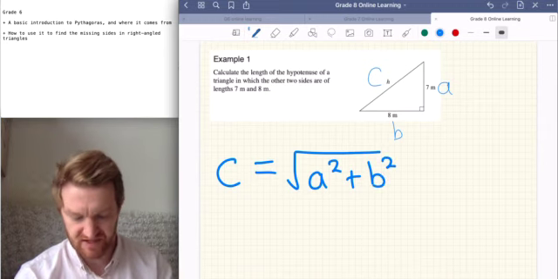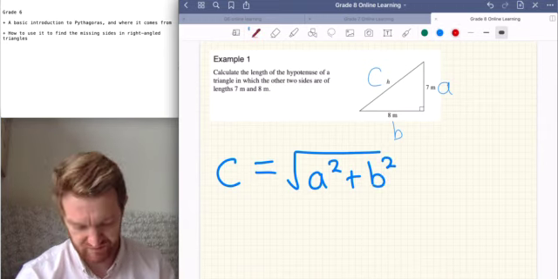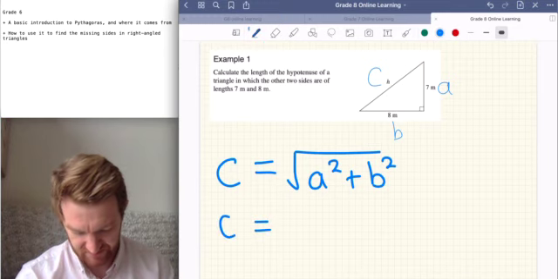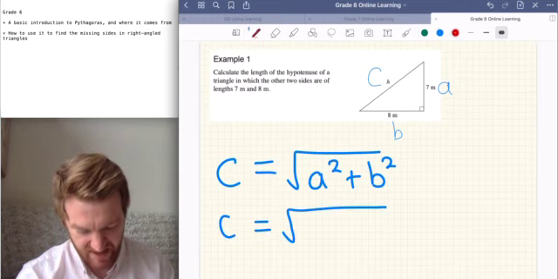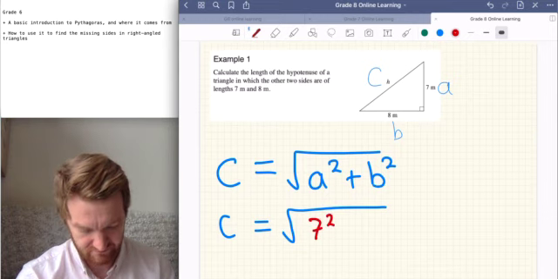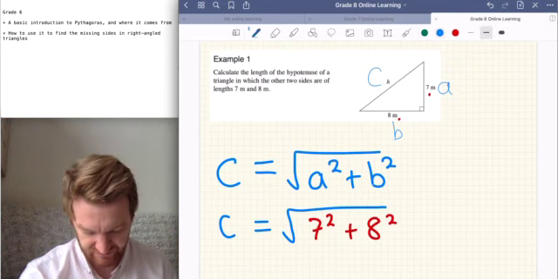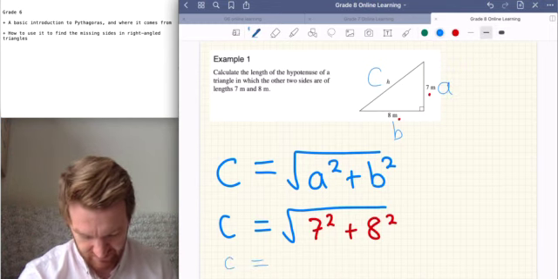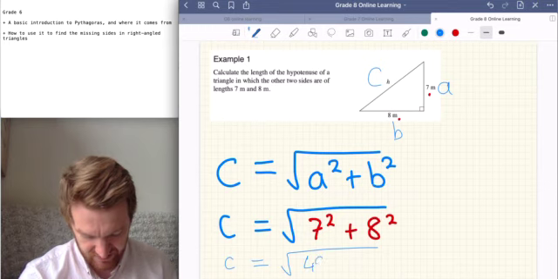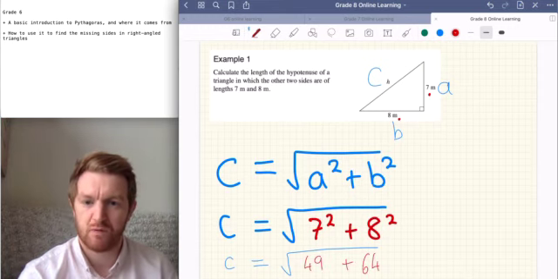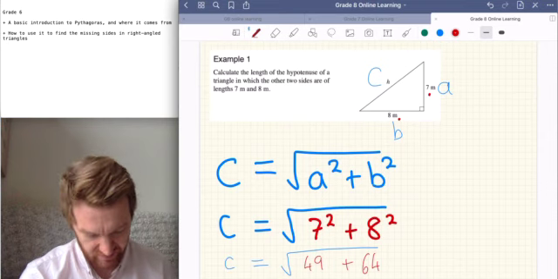So I put the numbers in, and this is where we're going to use the roots. We still don't know what C is, but we know that A is 7 and B is 8. So 7 squared is 49, 8 squared is 64, and 49 plus 64 is 113.